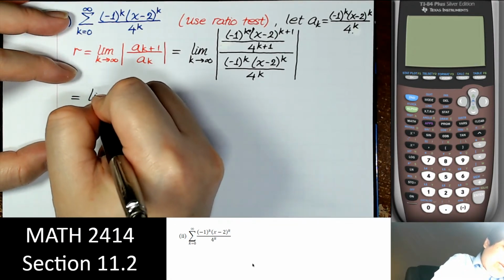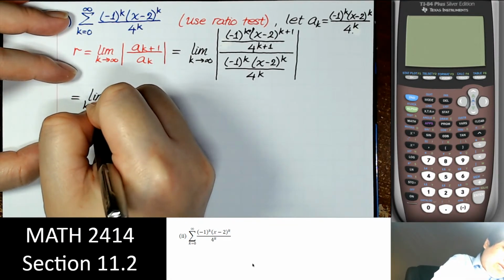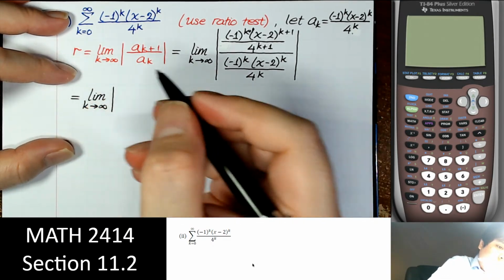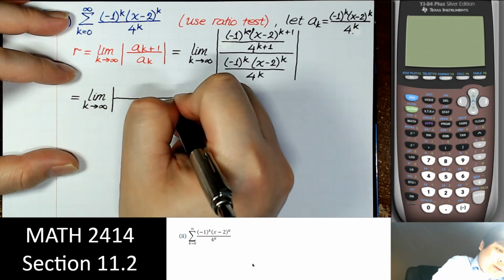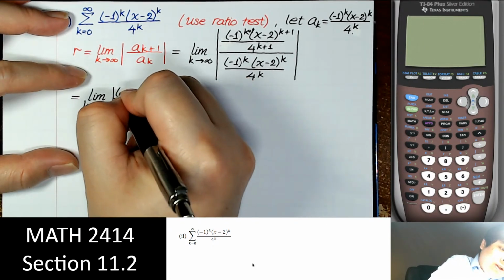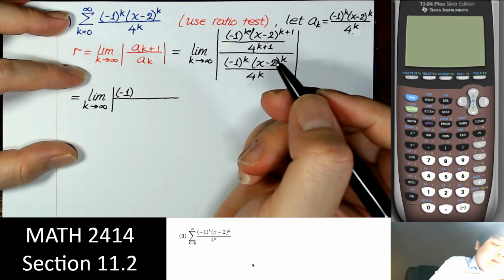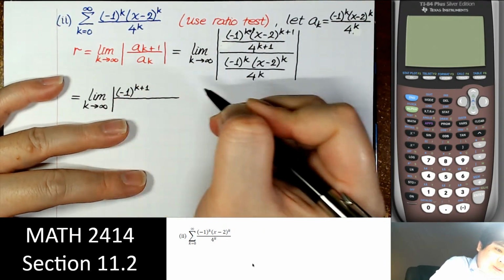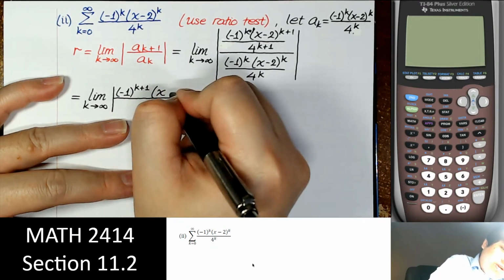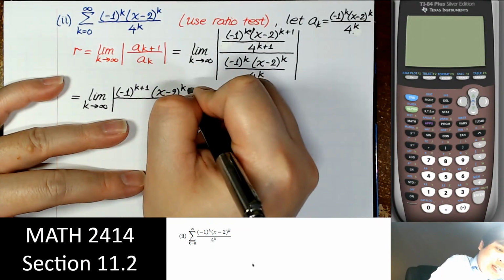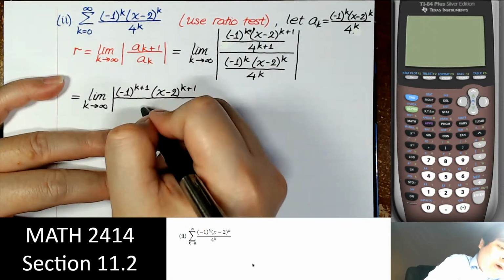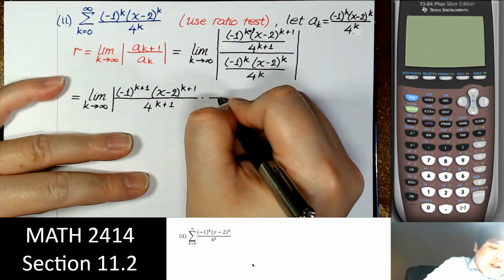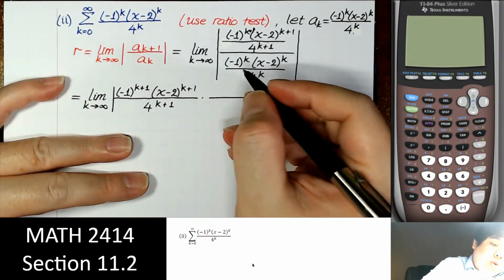Right. We have this -1 to the k plus 1, x minus 2, k plus 1 over 4 to the power of k plus 1, times divide fraction is multiplied by the reciprocal.